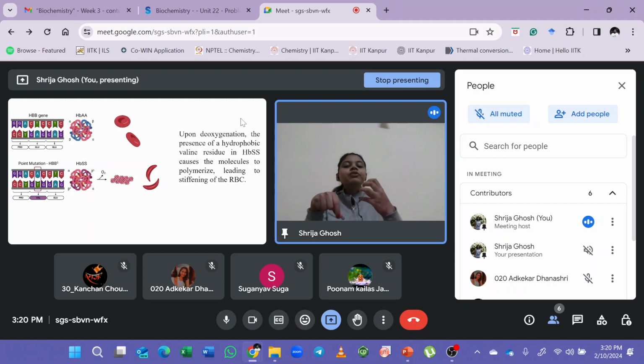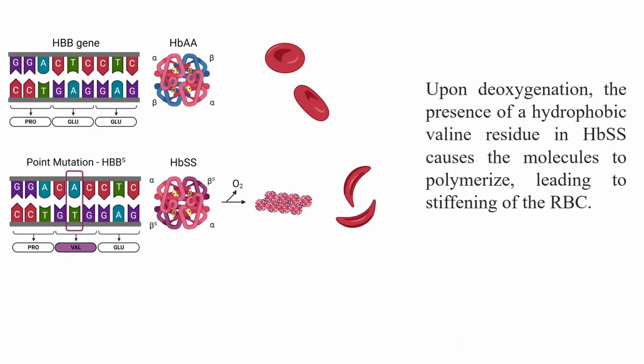In presence of glutamic acid, it was fuller in nature, but in presence of valine, it is causing the stiffening and sickling of the RBCs. So we call it sickle cell, it is shaped like a sickle. Instead of being round, it is shaped like a sickle.